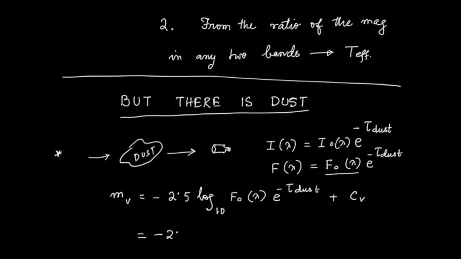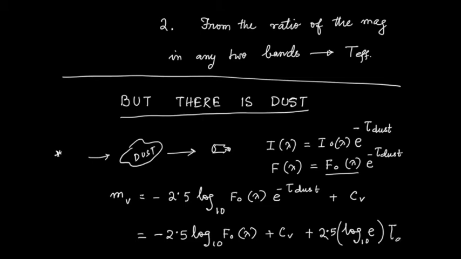So let us write it in separate forms. Log of A into B I can write as log of A plus log of B. So I get first this, and then I get minus 2.5 log 10 to the base e times, this becomes plus because I will get minus tau dust here.